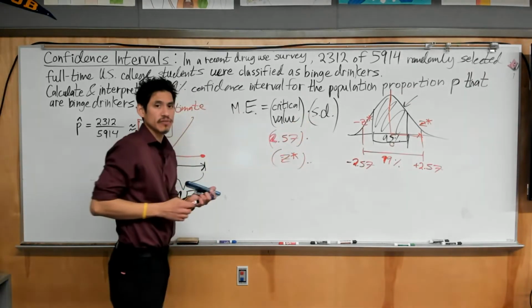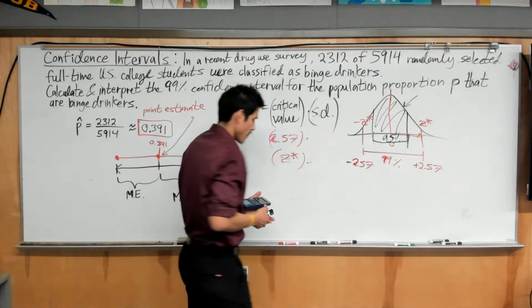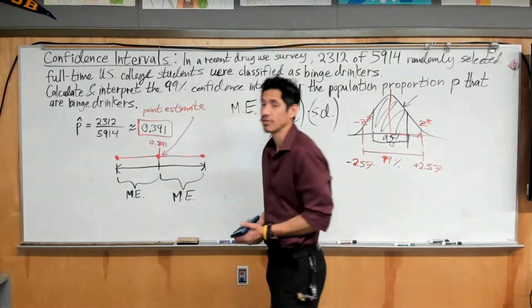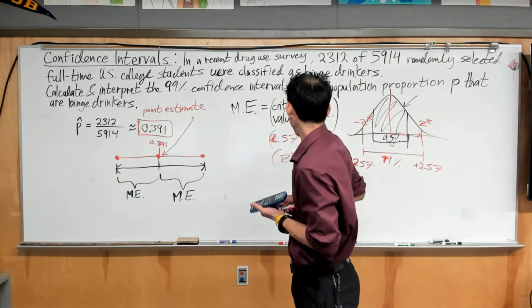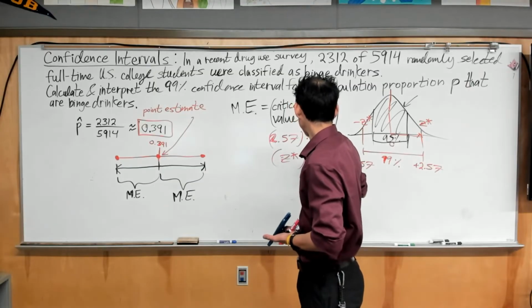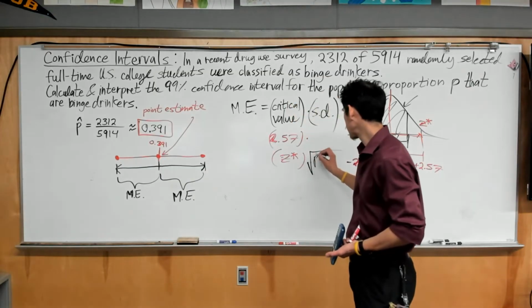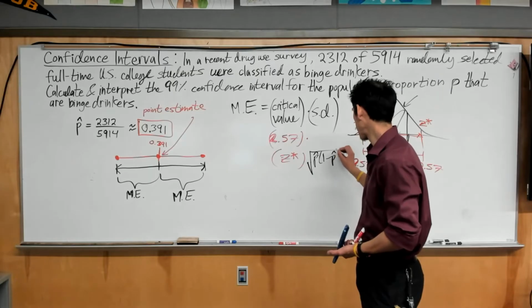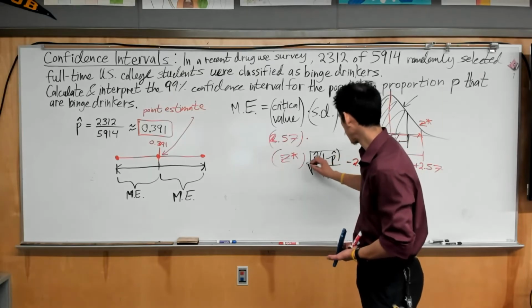And to find our standard deviation, we're going to use the formula given to you in your formula sheet. That is going to be the square root of p hat times 1 minus p hat, all over the sample size.